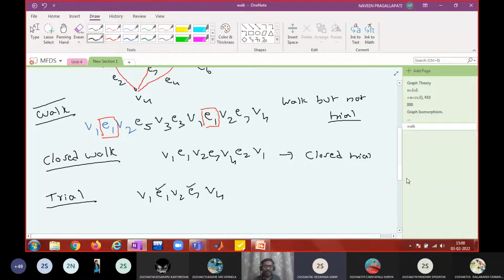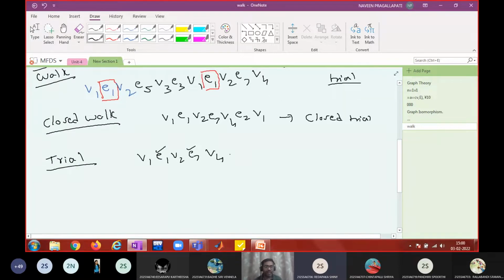Then what is a path? What is the observation in a trail? Edges are distinct. Now, what do you mean by a path?